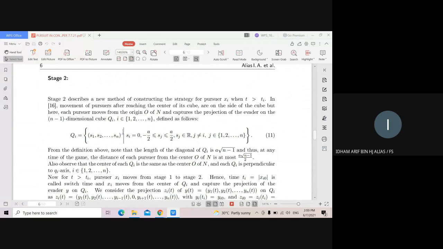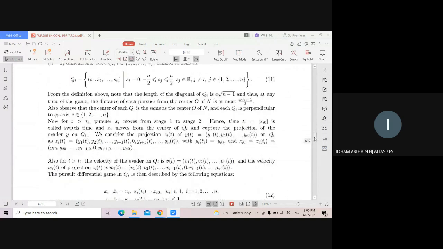But instead of catching the evader by moving on the side of the cube, as in the previous work in 2015, we introduce a movement of pursuers that catches the projection of the evader in another hypercube, which has dimension n minus 1. So the pursuers will catch the projection of the evader on this cube and afterwards proceed to catch the evader within n.